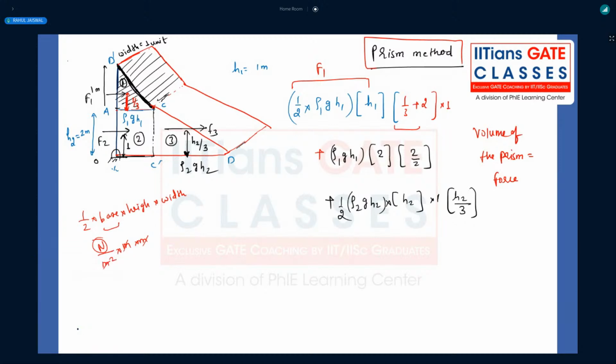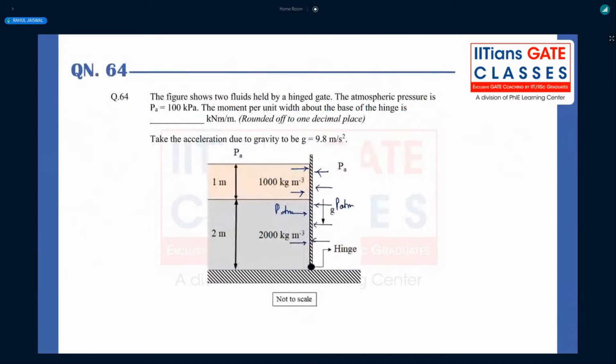Now, my dear friend, we need to think of the final calculation, that is the total moment about O, right? So what is the value? Half of rho 1, I am writing what? See, they have given 1000 kilogram per meter cube, but we need to calculate moment in terms of kilonewton meter per meter, that is the moment per unit width, right?